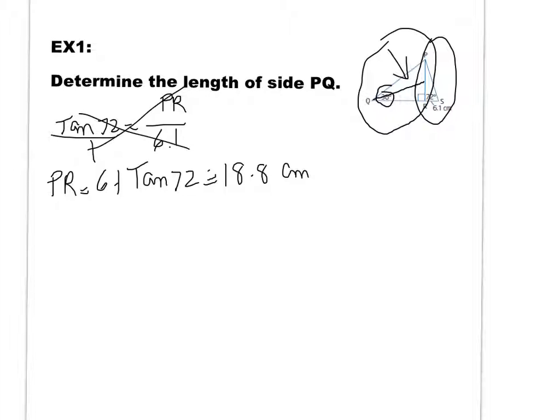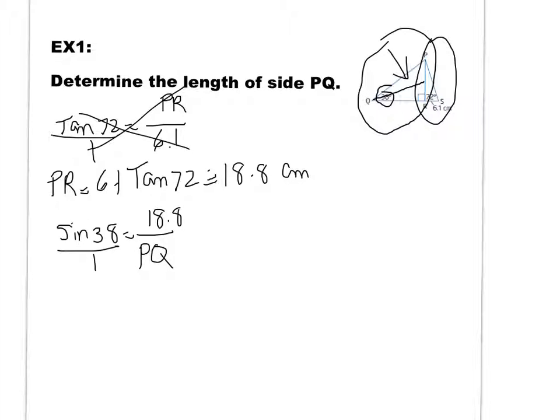So I'm going to write sine 38 is equal to opposite, which is PR, which we just found to be 18.8, divided by hypotenuse, which is PQ.